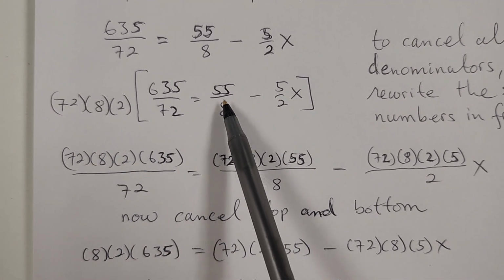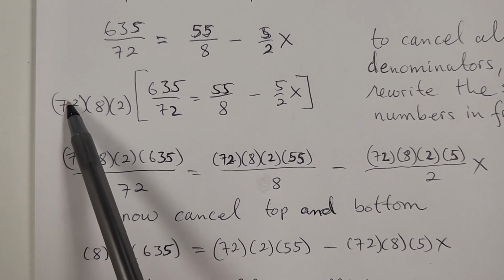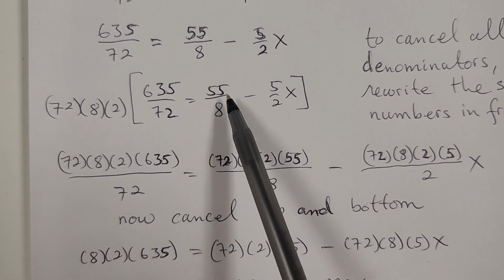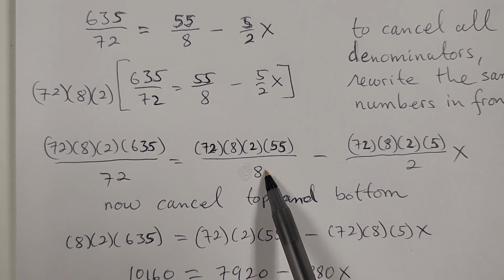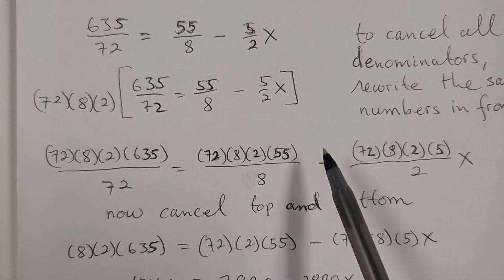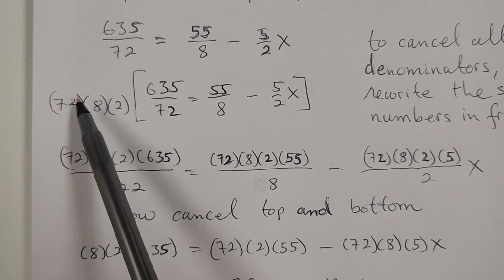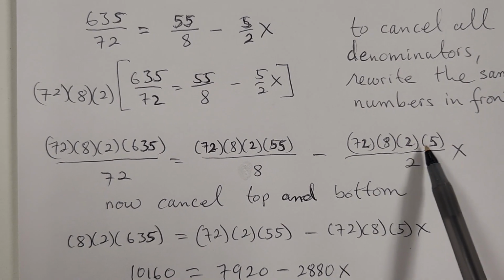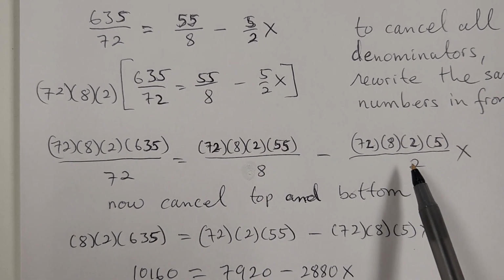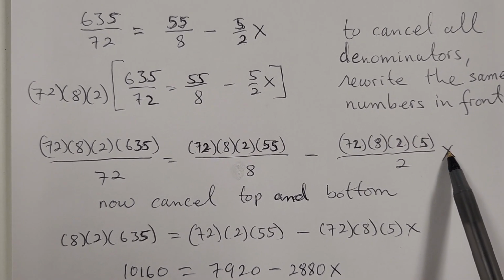Now repeat that with the second term: 72, 8, 2 times 55 all over 8. Don't forget the minus here. Same thing, 72, 8, 2 times 5 all over 2. And don't forget the letter X.